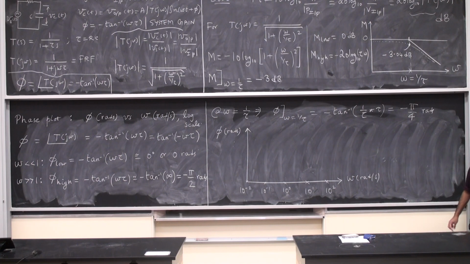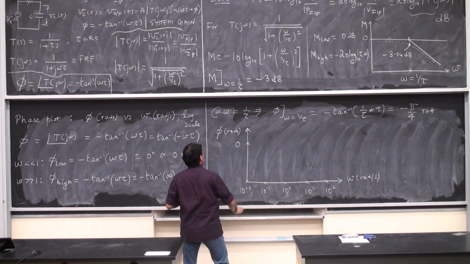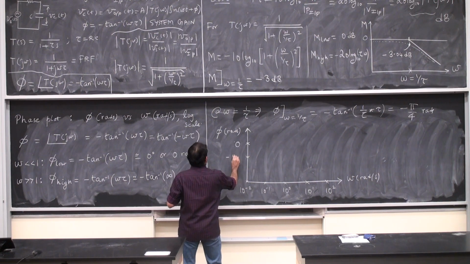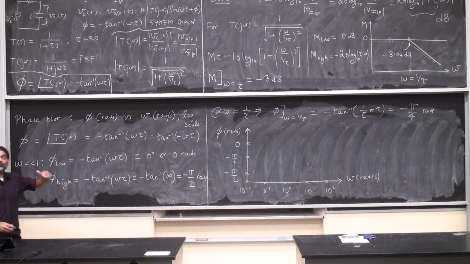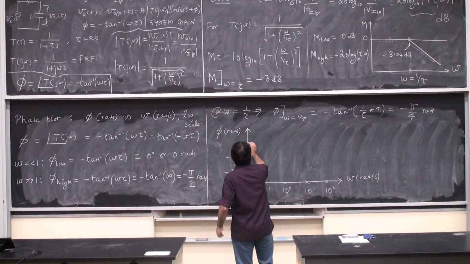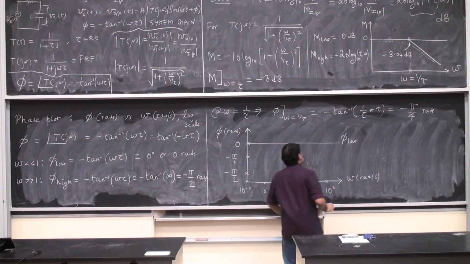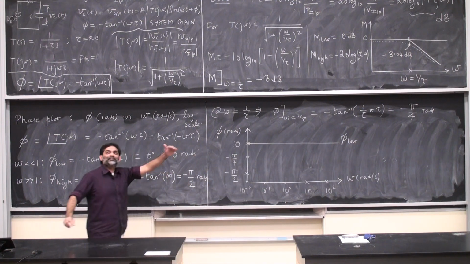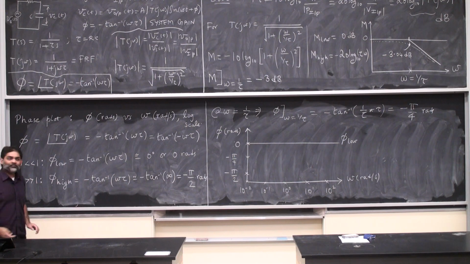Okay, so 0 degrees or 0 radians, minus pi by 4, minus pi by 2. I plot the low frequency asymptote, so that's just a flat line going through 0. I shouldn't probably be stretching it all the way along because it's supposed to be a low frequency asymptote, but bear with me.